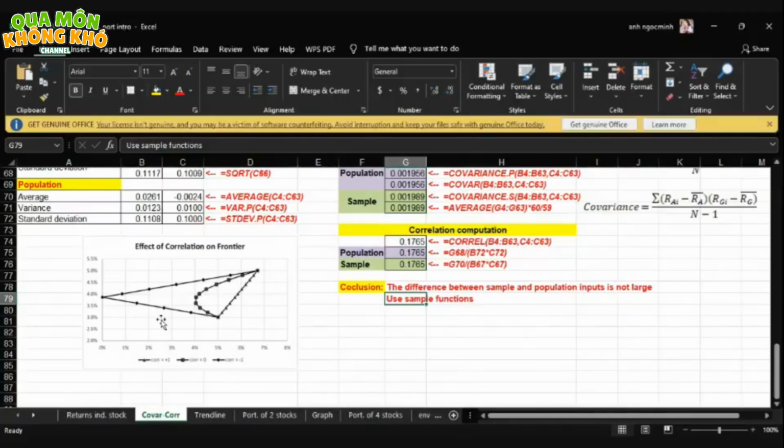So the volatility or standard deviation can be zero, and at this point, the expected return is equal to the riskless return.